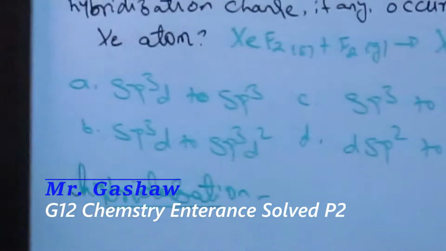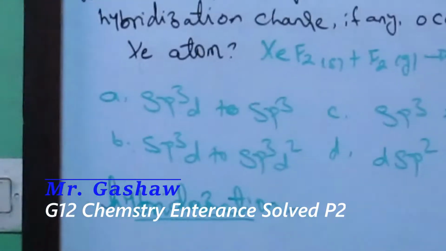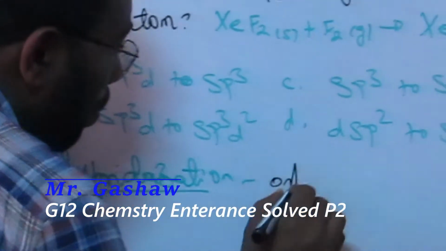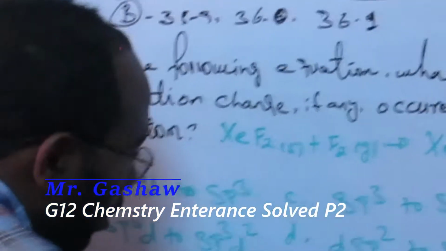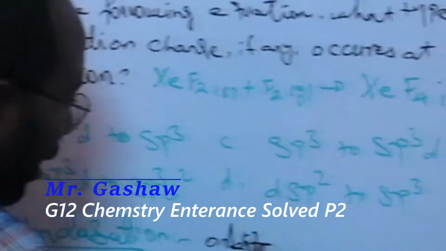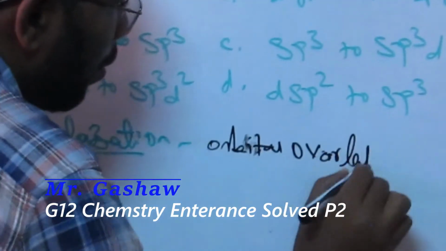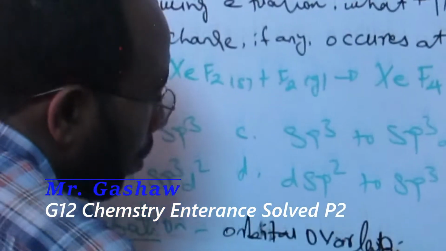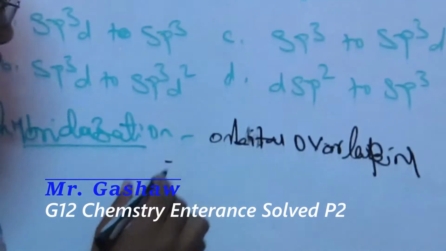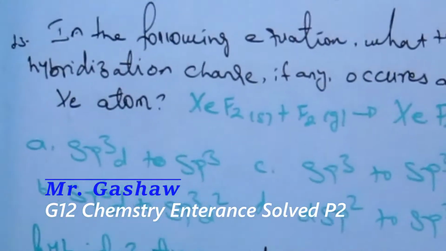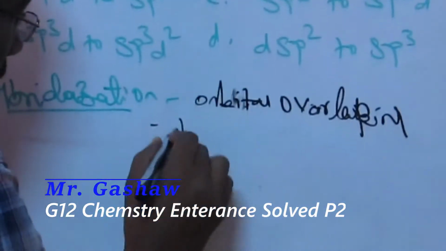Look, hybridization means overlapping of orbitals, one with the other one. Orbital overlapping, or what? Forming or transferring of electrons to the new orbitals.